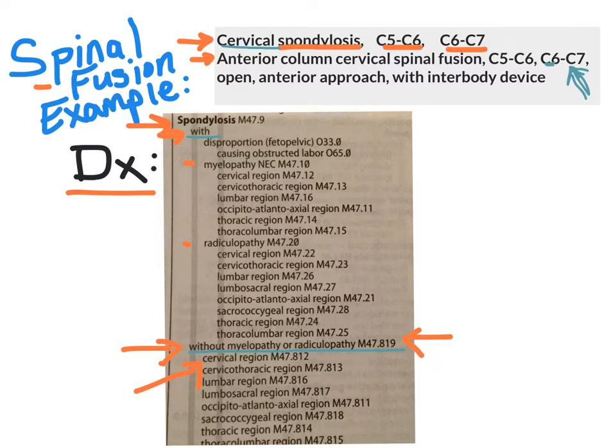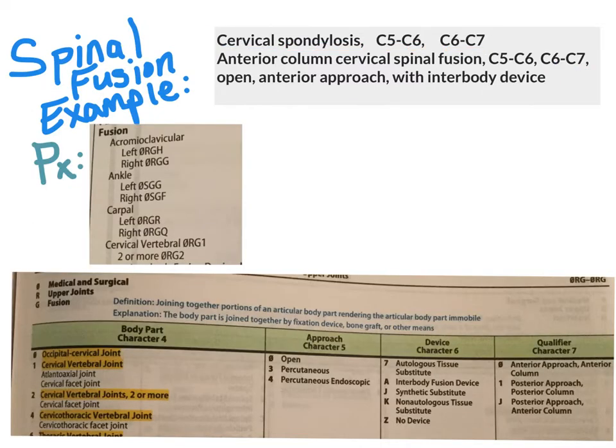So remember we had the T's for thoracic and L for lumbar, and here we have C for cervical spine. So our final code here for the diagnosis would be M47.812.